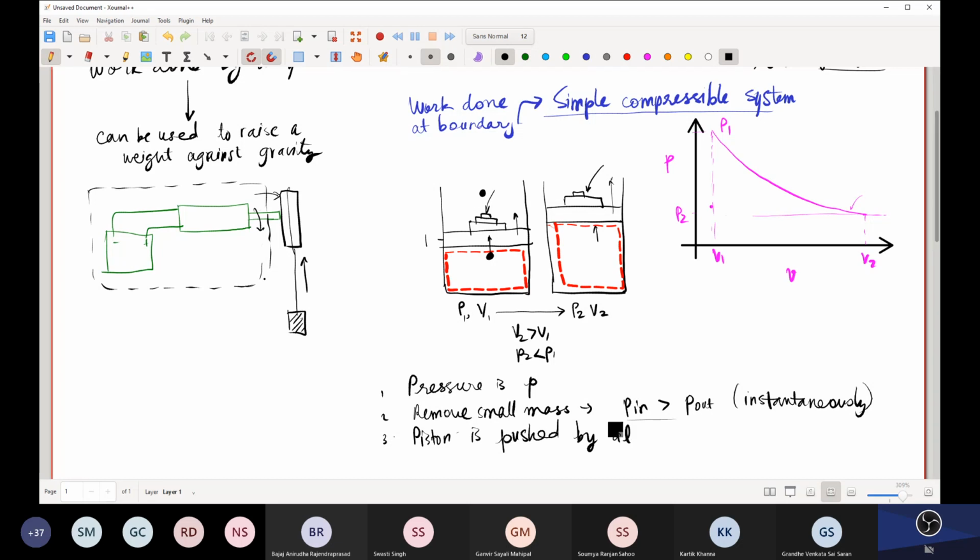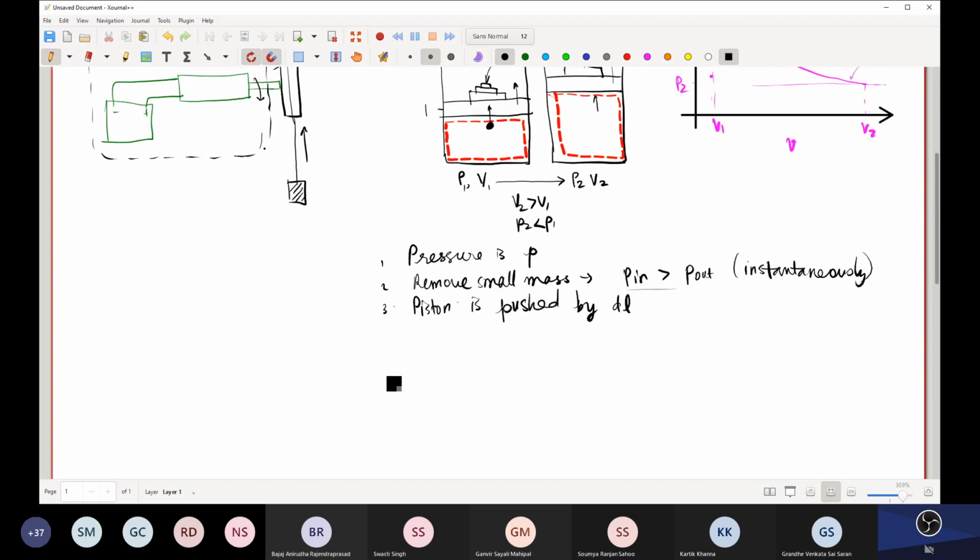The total force acting on the piston will be equal to the pressure times area, and so the work done by the internal substance is going to be this. This is the work done by the substance.